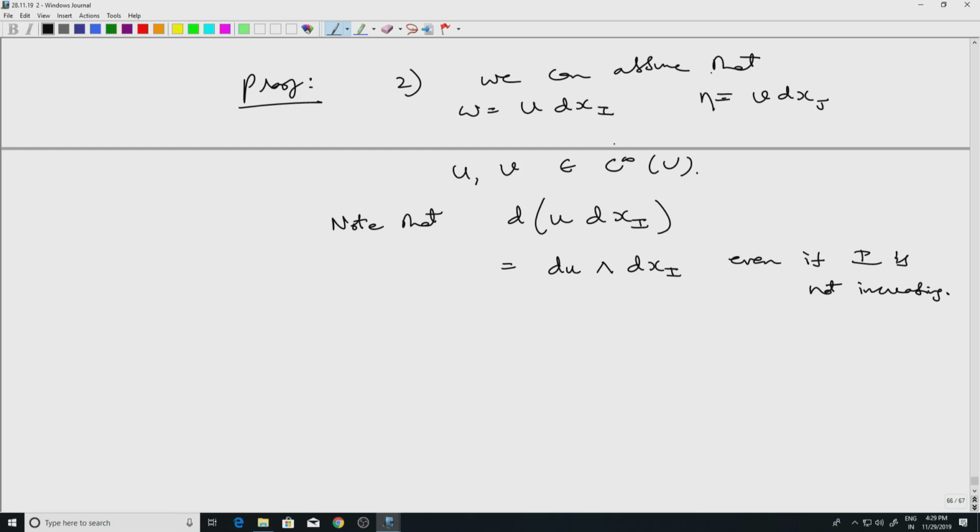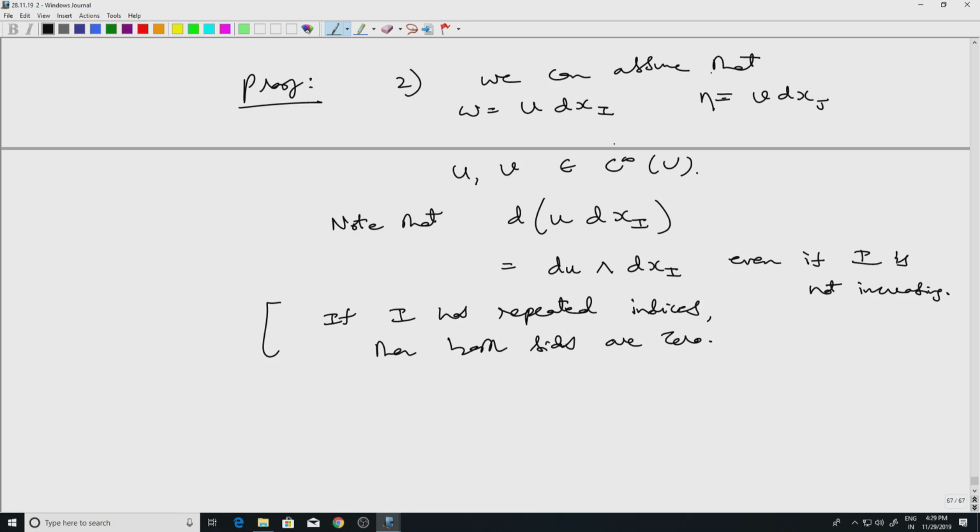And it's quite simple to see this, because as usual, if I is not a strictly increasing index, if I has repeated indices, then both sides are 0. So that's a trivial case.